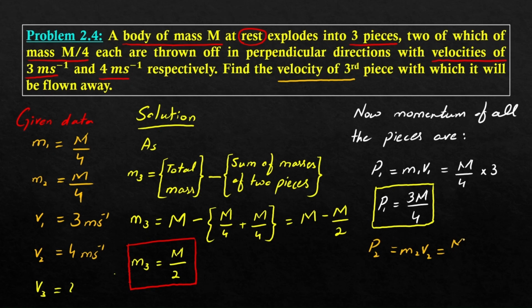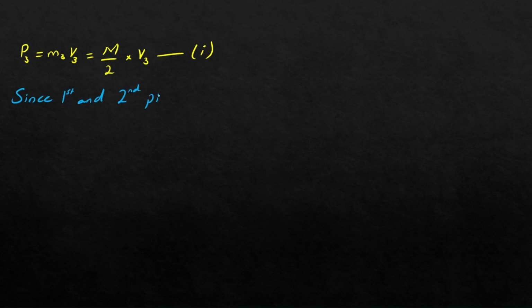Similarly, P2 is equal to m2 v2, which is equal to m. Also, for the momentum of the third piece, P3 is equal to m3 v3, as v3 is to be determined.